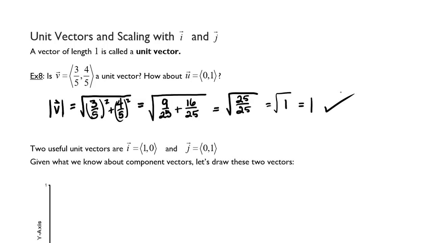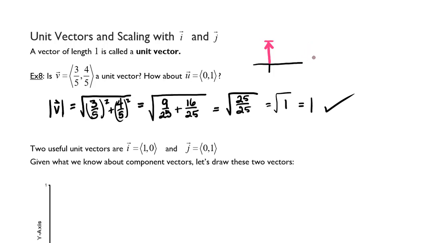Now let's check the u vector with components 0, 1. This one's easy because if we look at the components, there's 0 direction for x, it's all vertical direction. If we call a vector with unit length a unit vector, this vector is exactly 1 unit long.